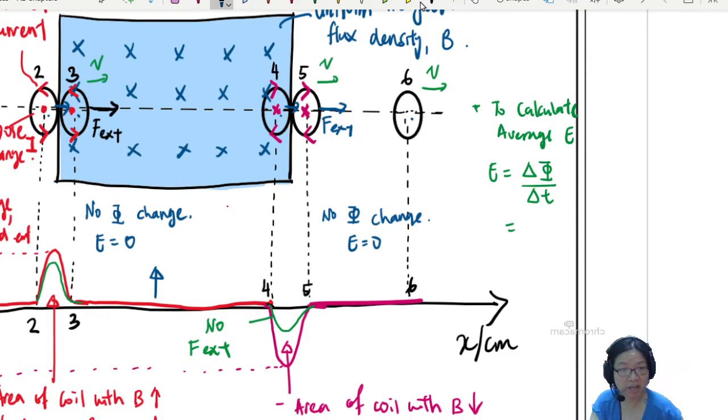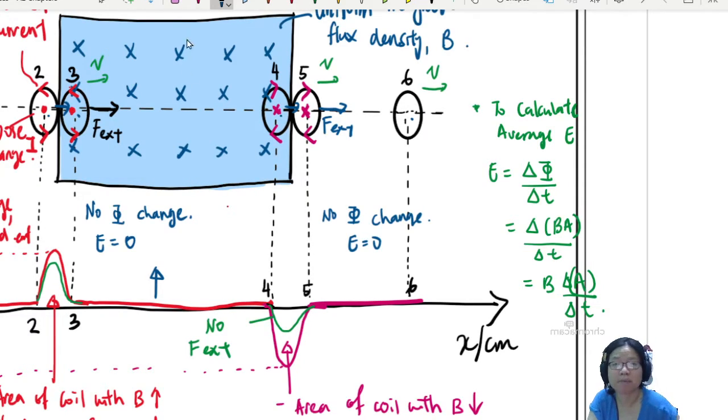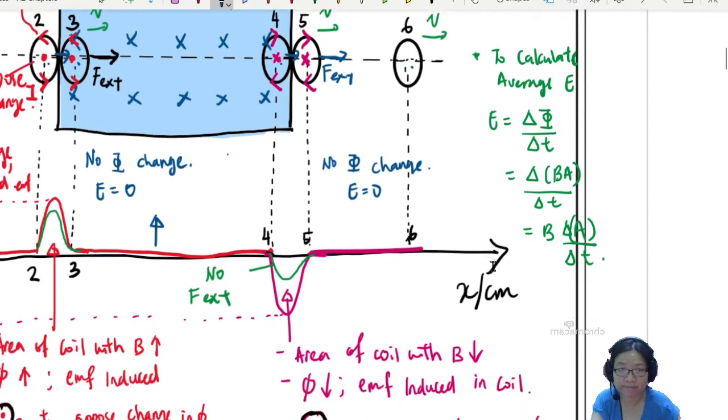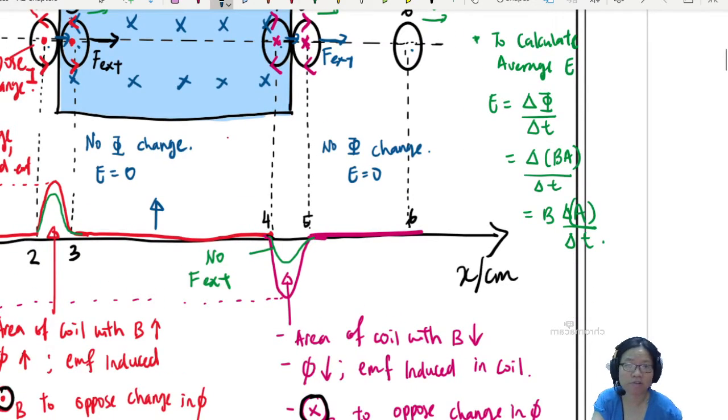The change in flux here will be change in BA over the time taken. B is constant, so it would be the change in area over time taken. So you need to know things like the dimensions of the coil and how quickly the coil is moving. All of this we will probably cover in an example, so stay tuned for that.